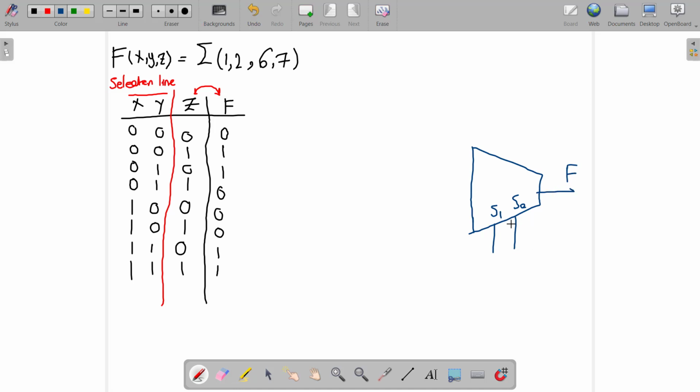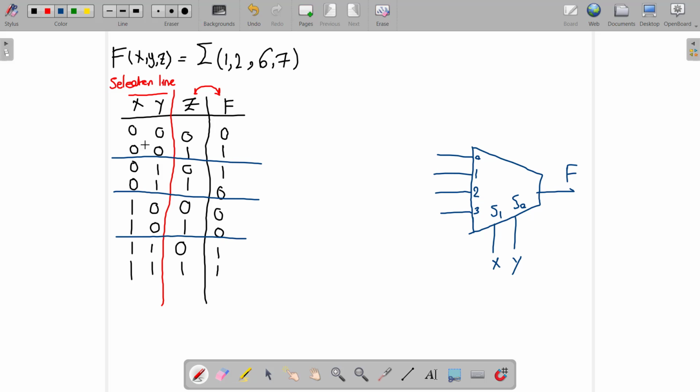Because we have two selection lines, here is X, here is Y. It means that we have to have 4 inputs, because if we have two selection lines, we have 4 inputs. Because we have 4 inputs, we divide the truth table into 4 sections.